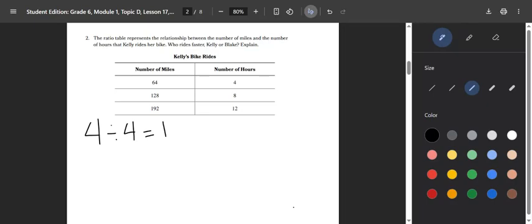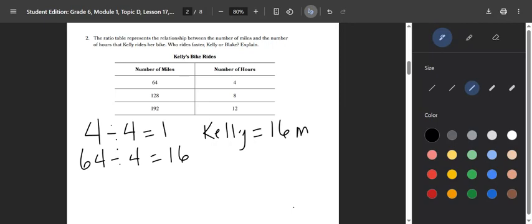And since I did 4 divided by 4, I've got to do 64 divided by 4, which gives me 16. So Kelly's speed is 16 miles per hour, and we can abbreviate MPH for miles per hour. And Blake's speed is 15 miles per hour. So Kelly rides faster.